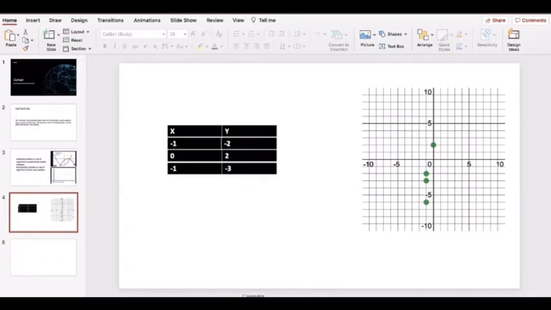Look at the table. It says -1 is the x and -2 is the y. Then we have 0 and 2. To get from -2 to 2, you add 4. Going from -1 to 0, you add 1, so you have a pattern there.